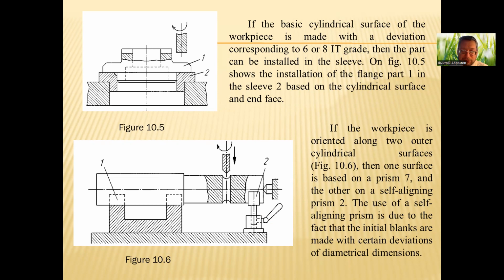If the workpiece is oriented along two outer cylindrical surfaces, like in figure 10.6, then one surface is based on a prism 1 and the other on self-aligning prism 2. The use of a self-aligning prism is due to the fact that the initial blanks are made with certain deviations of geometrical dimensions.